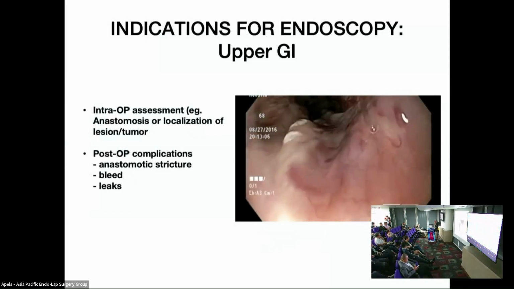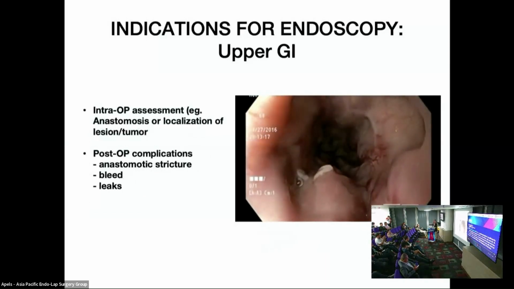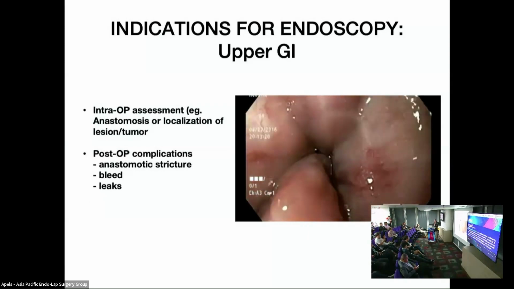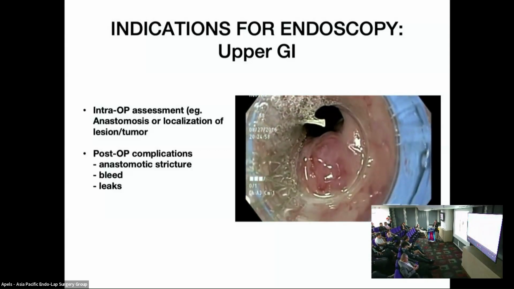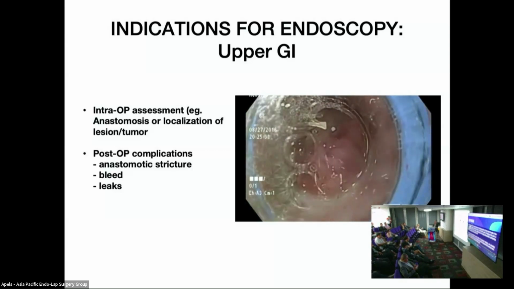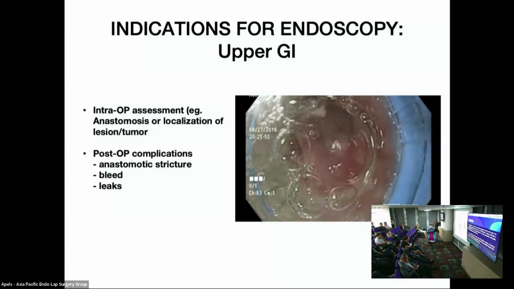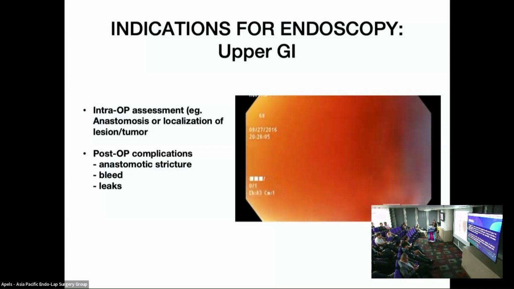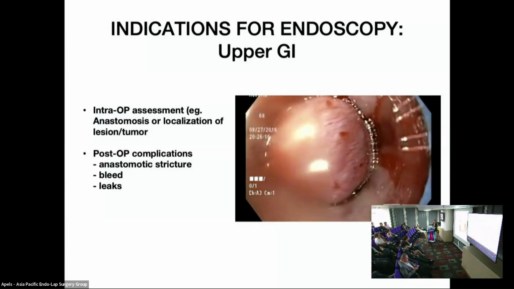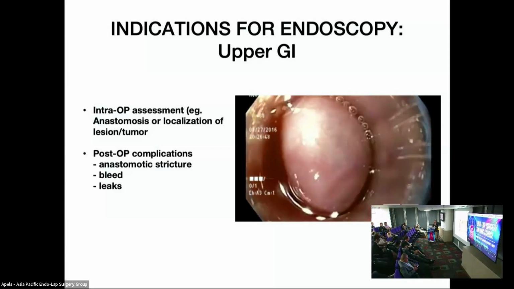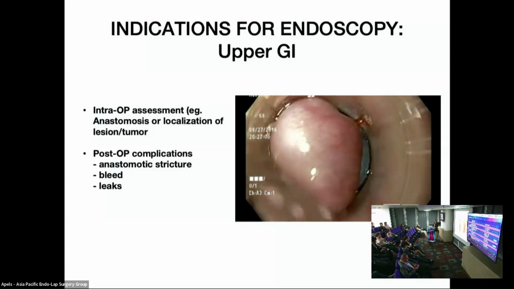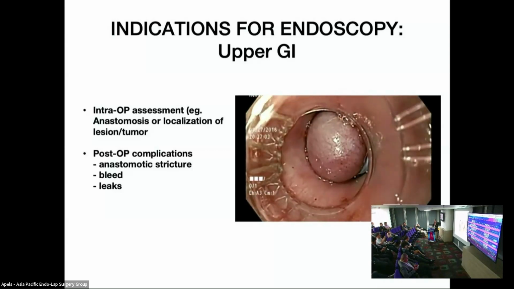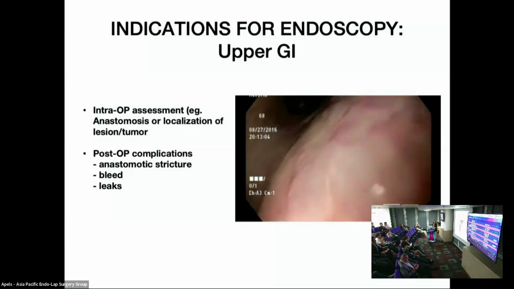But for us surgeons, what is important is the intraoperative assessment of your anastomosis after esophagogastric or gastric anastomosis, and localization of your lesion or tumor, especially if you want to do combined Endo-Lap surgery. And of course, as part of your competency as an endoscopist, you should also know how to assess postoperative complications like anastomotic stricture, bleeding, and leaks.